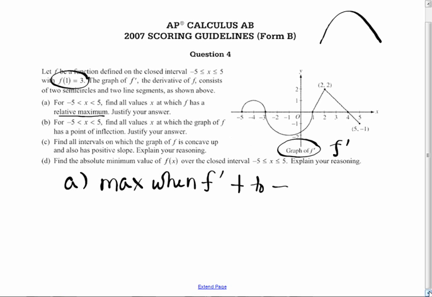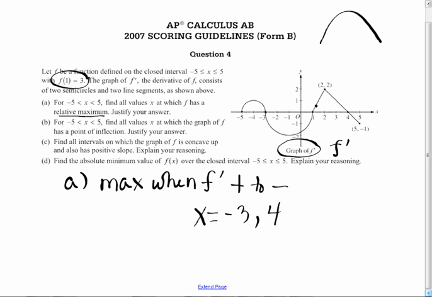Not the slope of this curve. At -3. Now it's going to go negative to positive. That would be a minimum. And then over here at x equals 4, it goes positive to negative. That's all you have to do.